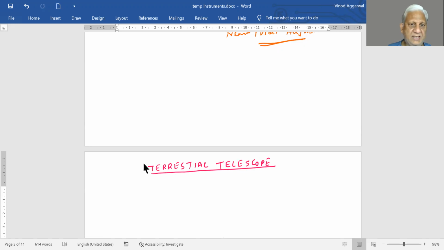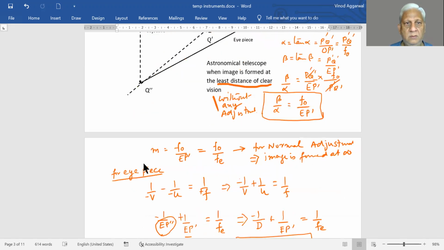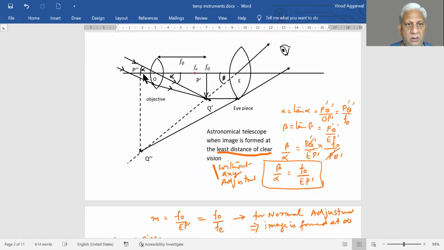Terrestrial telescope is exactly same as astronomical telescope, but in case of astronomical telescope, the image was virtual and inverted.